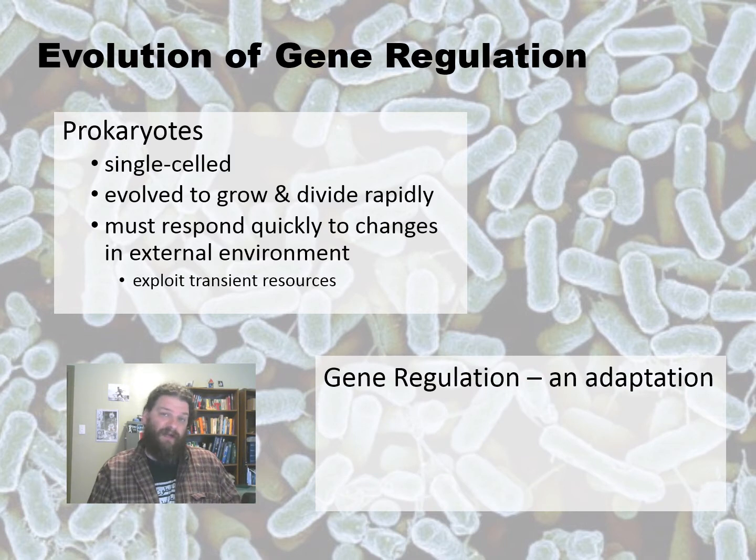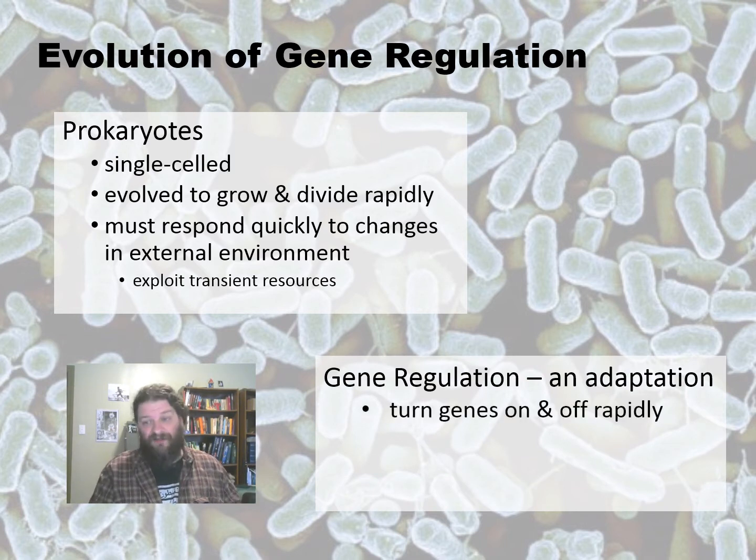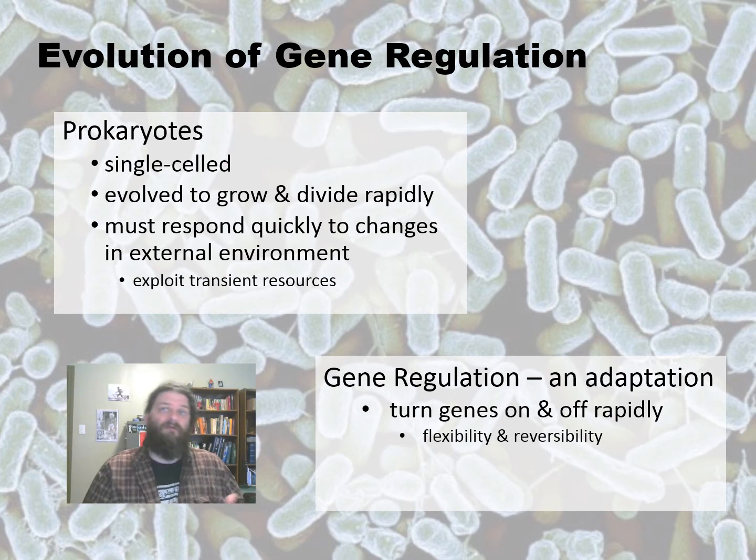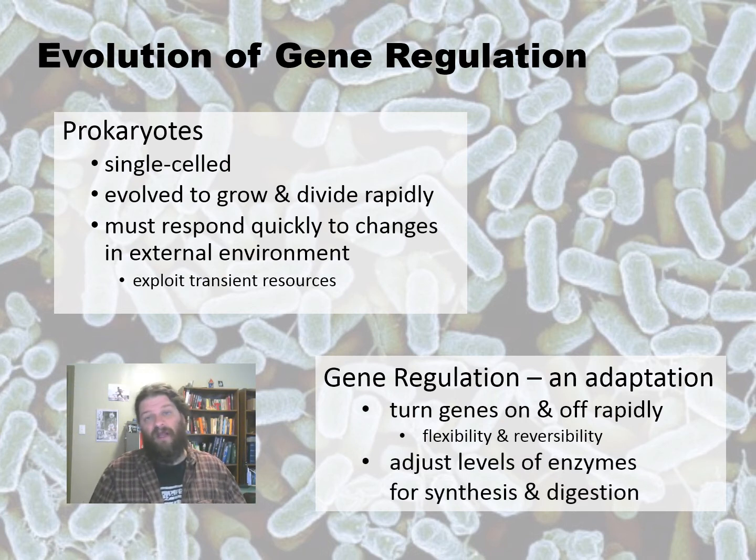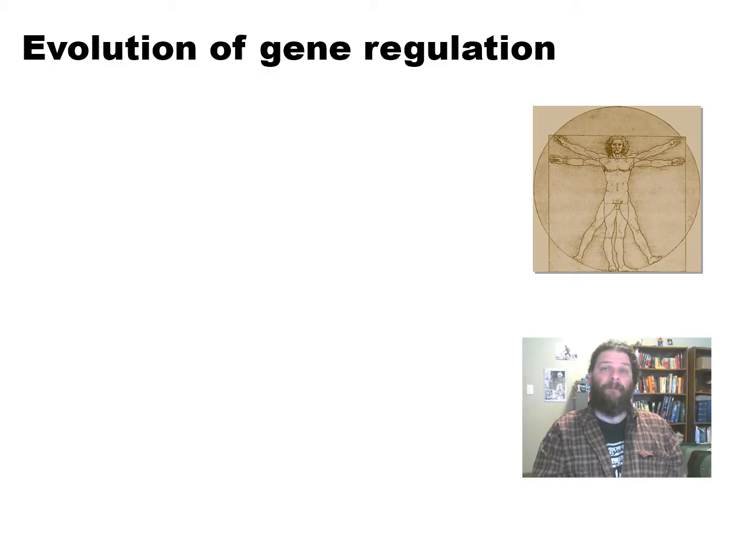And so gene regulation becomes an adaptive advantage, so that they can tailor their protein production, right? Which enzymes and other regulatory proteins are they making, so that they can match the environment that they have. So you only make the enzymes when needed, and you can turn them off when you don't need them.